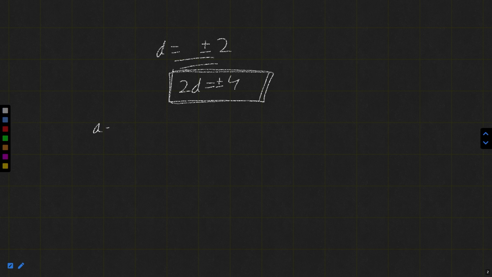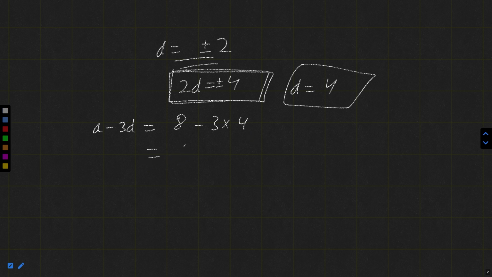So my first term was a minus 3d, which implies 8 minus 3 times, let's say d is 2, so 3 times 2 is 6, which gives 2.